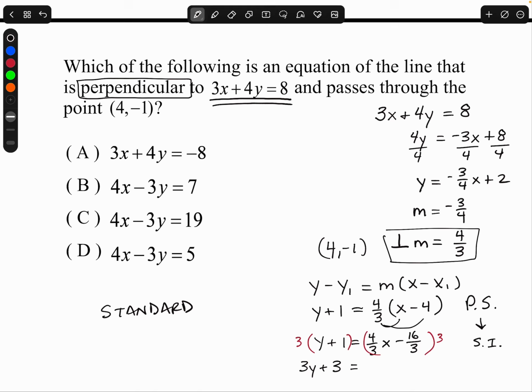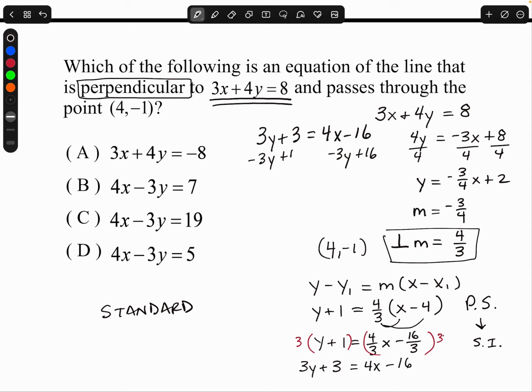So we'd have 3y plus 3 equals 4x, because the 3's would cancel, minus 16. And now to get into standard form, let's move our 3y over. So I'm going to recopy it up here, sorry. So 3y plus 3 is equal to 4x minus 16.